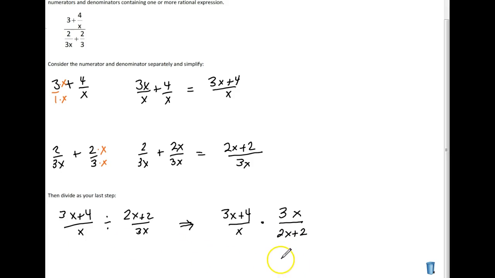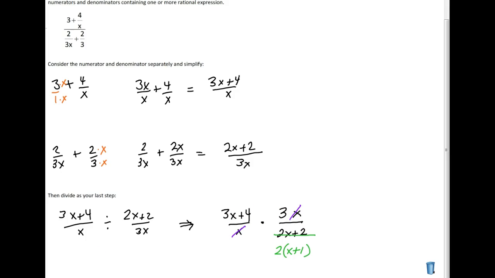And that sometimes involves factoring. So for example, this denominator here factors into 2 times x plus 1. Now I'm writing it as factored just to see if that helps me simplify something, okay? So see anything we can simplify here? Well, I know I can simplify the x's, so I have an x in my numerator and an x in my denominator that simplify by themselves, so we're going to simplify those.